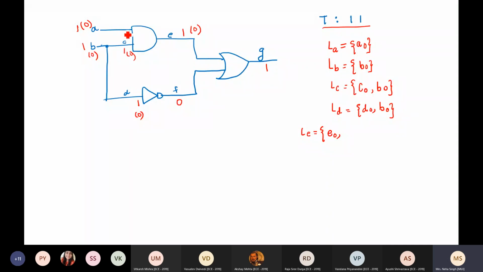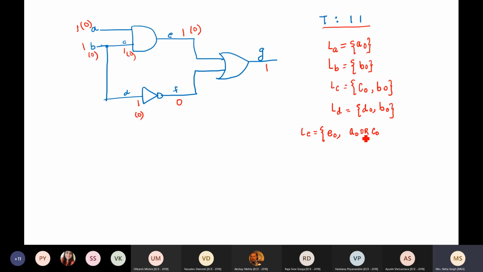If either of the value at the input goes to 0, तो E का value अपने आप 0 हो जाएगा. It means what? Either A is 0 or C is 0. या तो A 0 हो गया या C 0 हो गया. अभी हम B की बात नहीं कर रहे हैं.